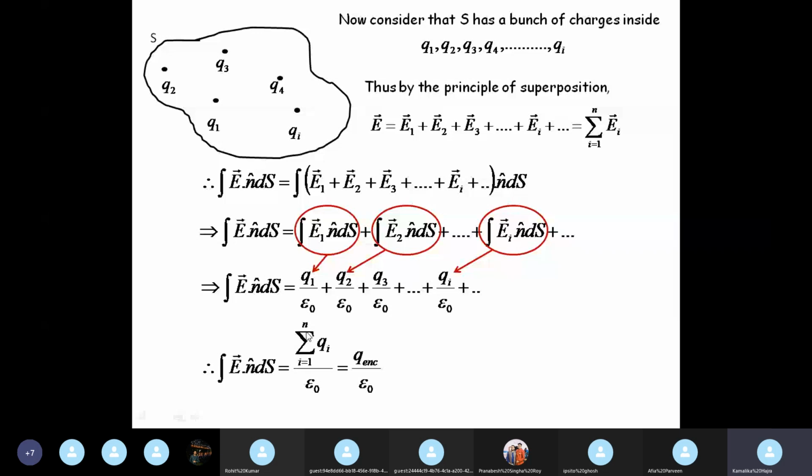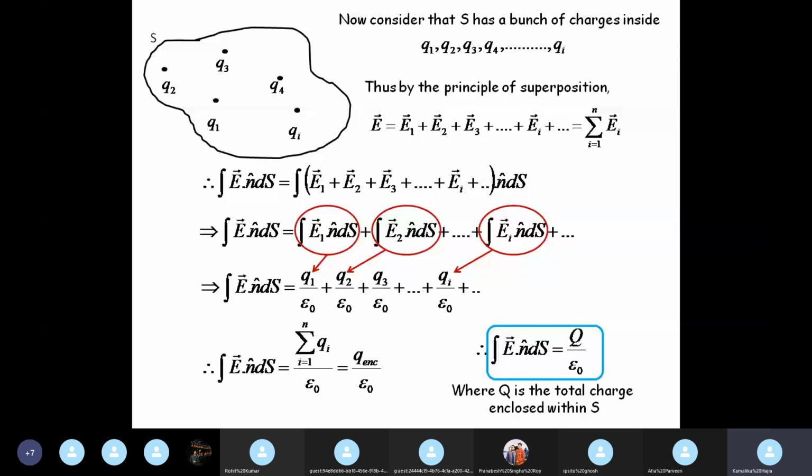So E dot n cap ds for several charges is capital Q by epsilon naught, where Q is the total charge enclosed within S. This is the complete proof.